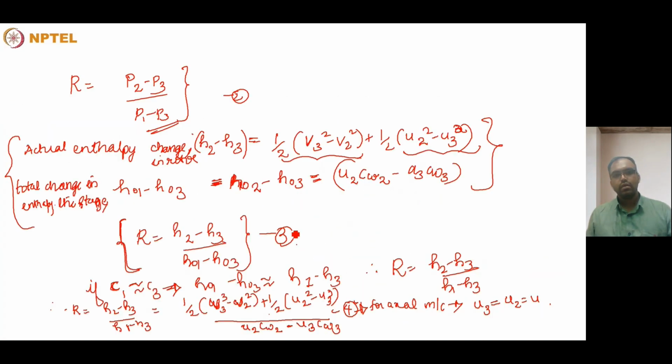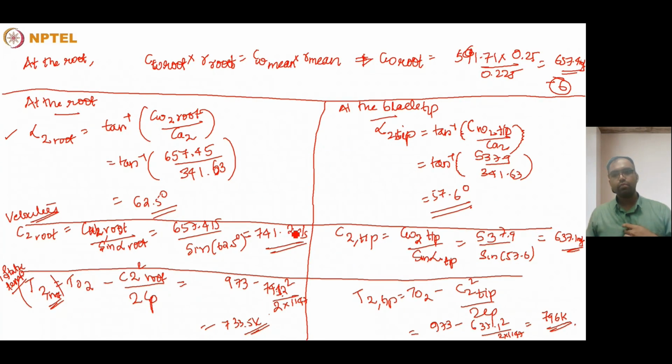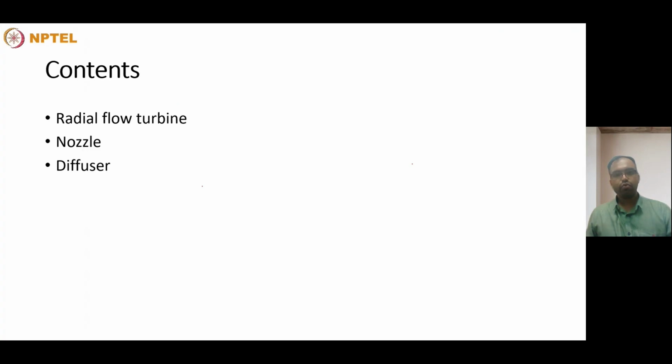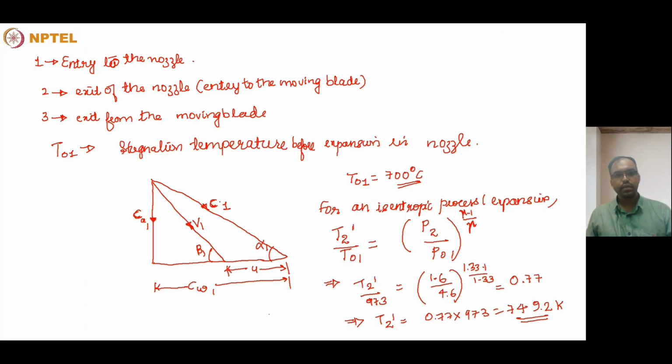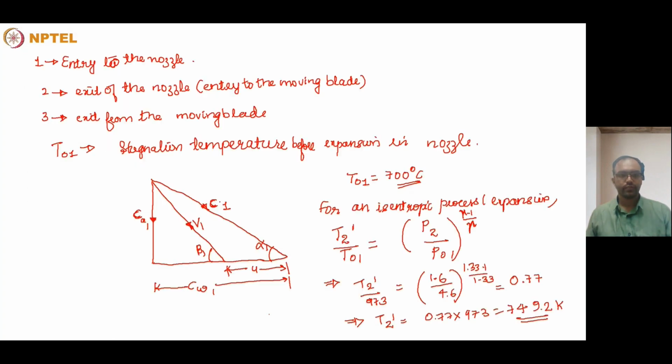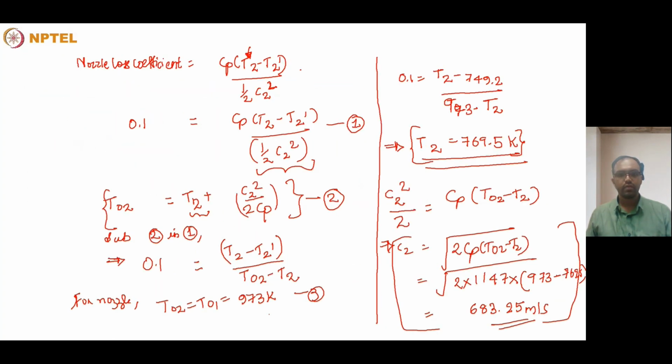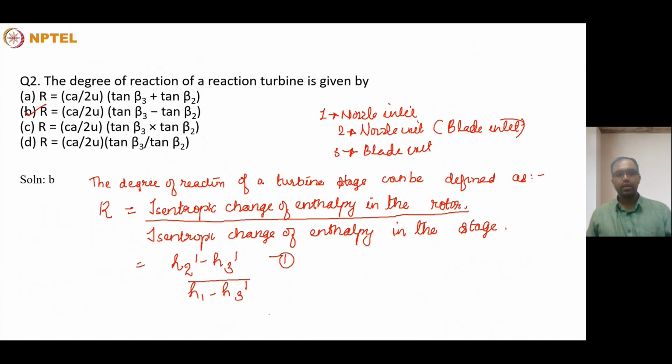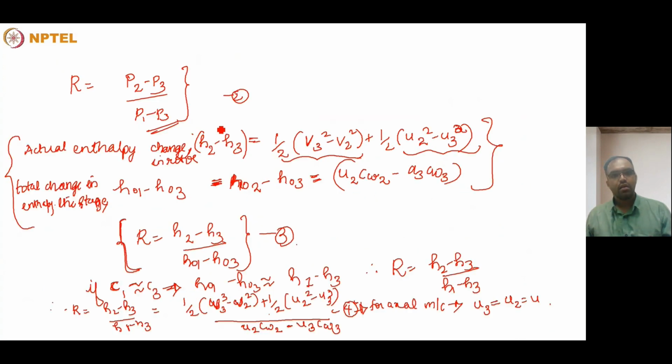Okay. So that completes the problem solving session for this week. We have seen a few numericals based on the free vortex type problems. And we calculated the degree of reaction of a reaction turbine in terms of the blade angles.